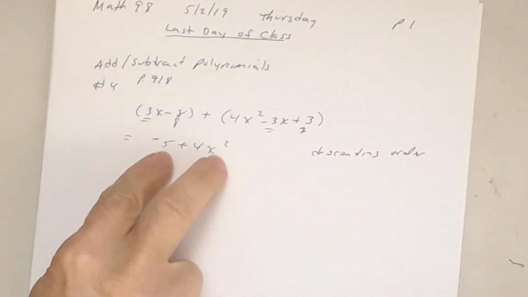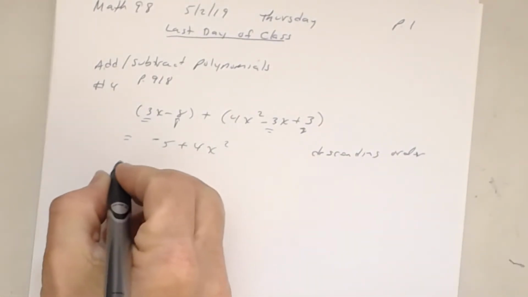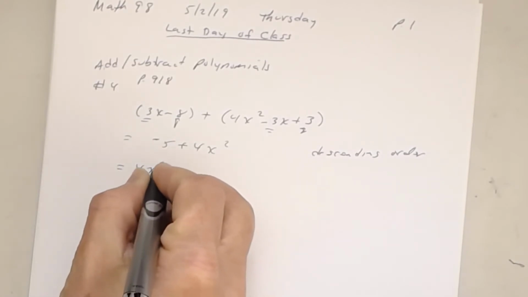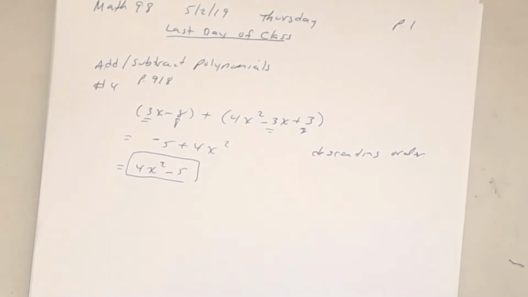How many terms do you see here? 2. Your constant always goes to the end. So what's going to be the answer in descending order? 4x squared minus 5. See, there's no x term, because why is there no x term? Because the coefficient is 0. 0 times x is 0. You don't write it. All right, so that's number 4.